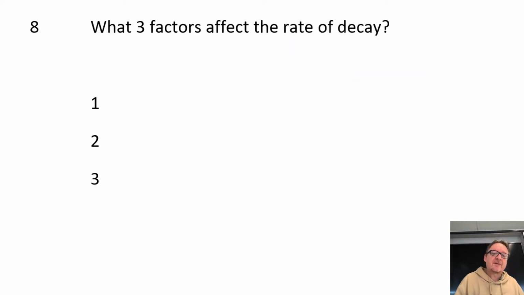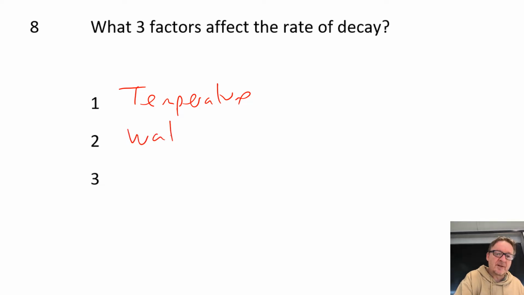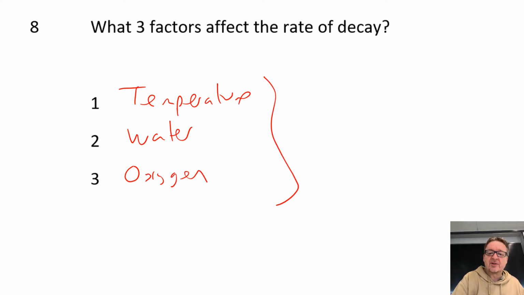What 3 factors affect the rate of decay? This is talking about when something dies, what factors affect how fast it breaks down. First one is temperature. The second one is the amount of water, and the third one is oxygen. And it's all to do with enzymes, so it's what conditions the enzyme will work in.